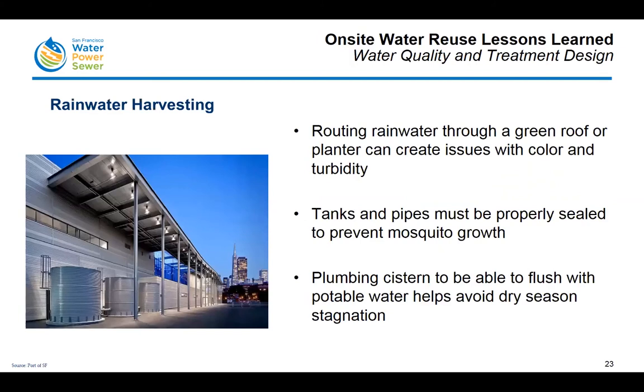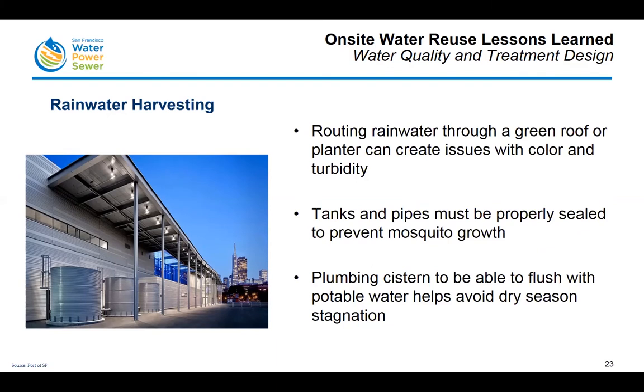Specific to rainwater harvesting systems, we have a number of rainwater systems operational here in San Francisco, and some of the lessons learned include: avoid routing rainwater through a green roof or a planter, because that can create issues with color and turbidity downstream, which can impact your treatment.